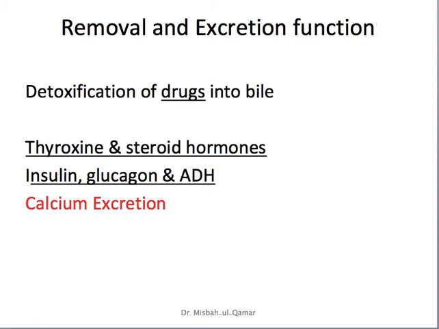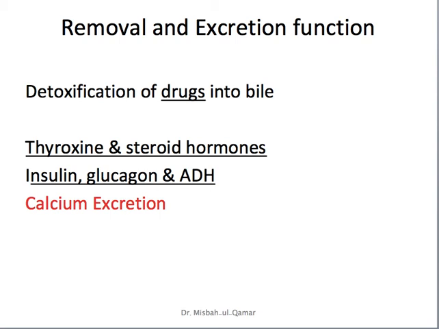Coming to the removal and excretion of drugs, hormones, and minerals, you should know that liver provides an active chemical medium to detoxify drugs into bile. And the drugs such as sulfonamides, penicillin, ampicillin, erythromycin, thyroxine, and steroid hormones like estrogen, cortisol, and aldosterone are either altered or excreted by the liver.